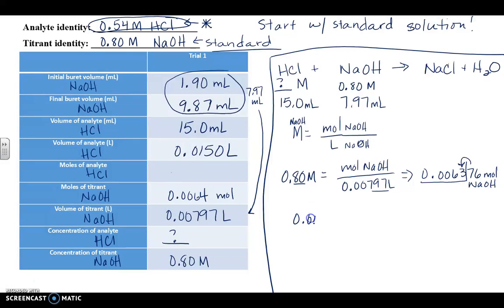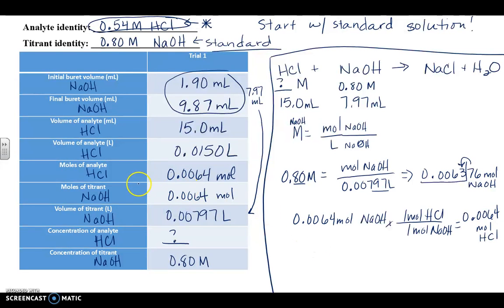We know that it's a 1-to-1 ratio, so we set up 1 mole of HCl and 1 mole of NaOH. And look, it's a 1-to-1, so it's going to be 0.0064 moles of HCl. Oh, how convenient is that, right? We love that.